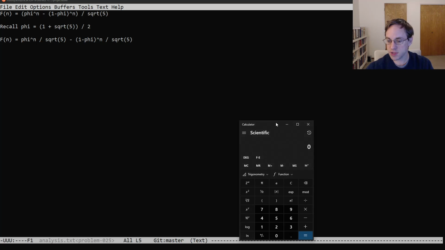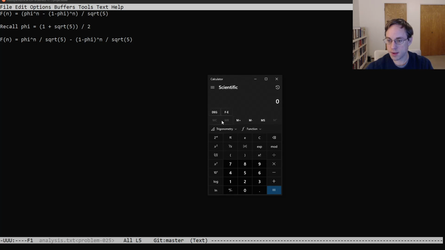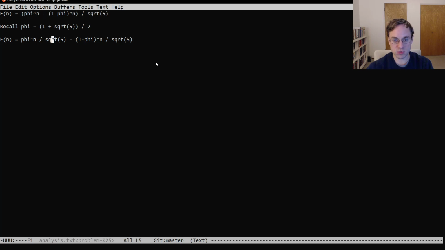If we pull up a calculator and calculate phi, that's just 1 plus 5 to the 0.5, over 2. And we'll save that. Then we'll note that 1 minus phi is roughly equal to negative 0.618.